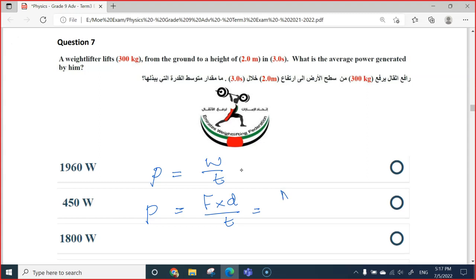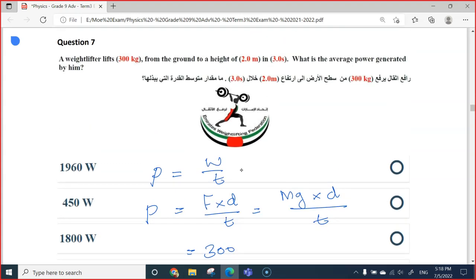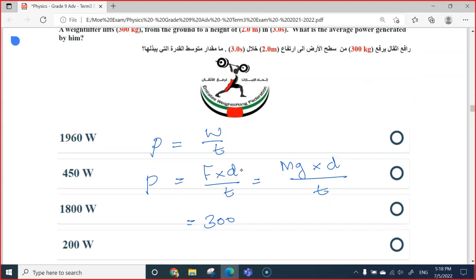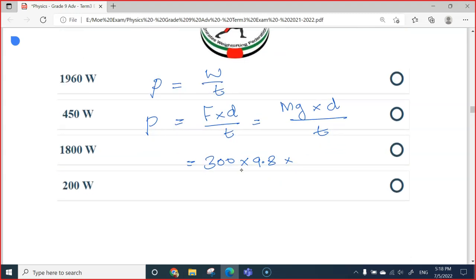So power is equal to weight mg multiplied by distance divided by time. Here mass is 300 kilogram and the value of g, a constant, is always 9.8, multiplied by the displacement, here the height, 2 meter, divided by time, 3 seconds, the time taken for this work.